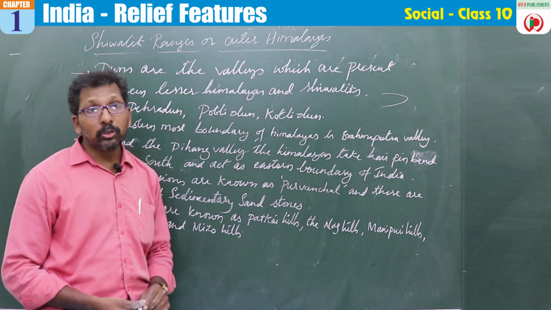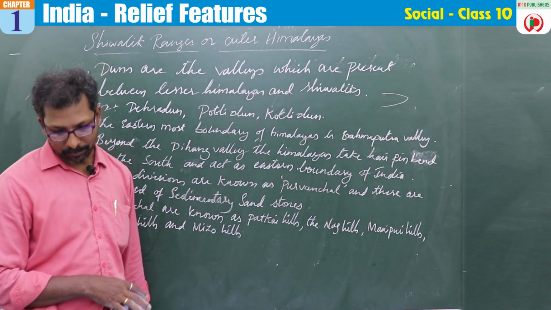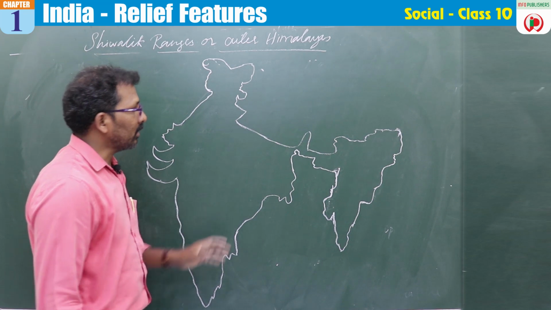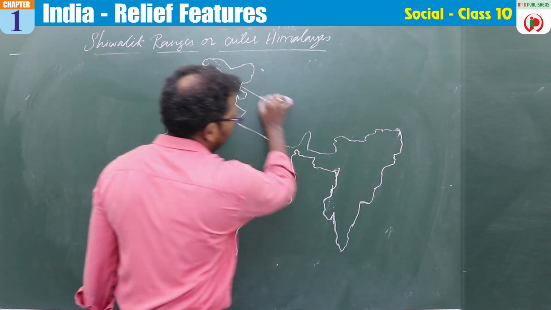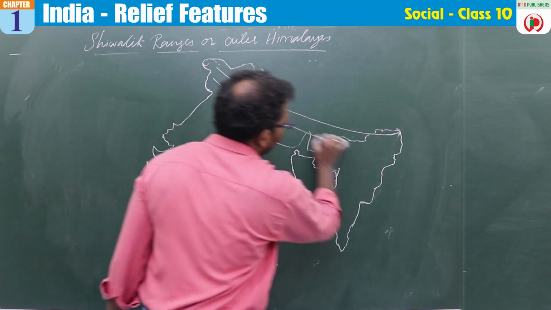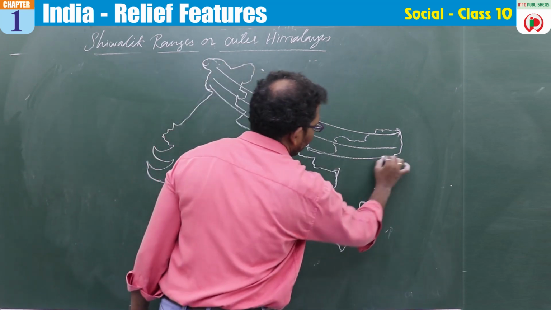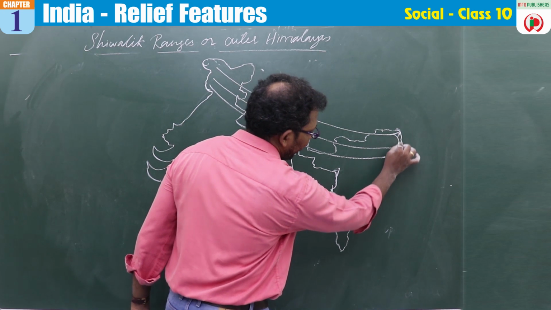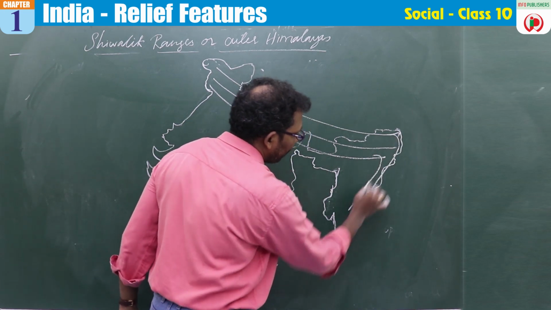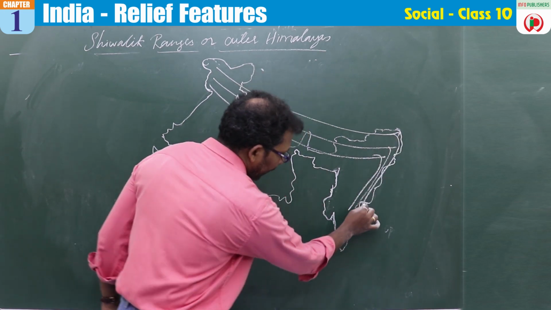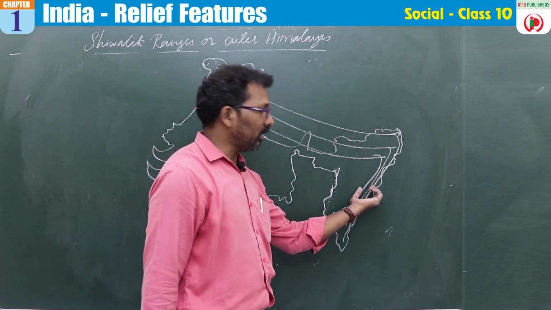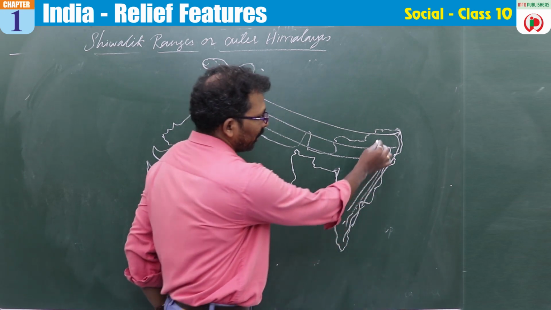Okay, I will show you with the diagram. As I said, these Himalayas are formed in an arc shape. Can you see this? They take a hairpin bend like this, forming the eastern boundary, just like I told you, hairpin.